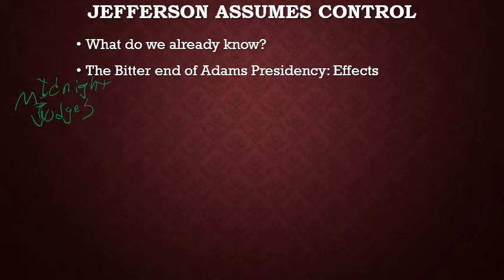Adams just left because it was a month-long trip by carriage back up to Massachusetts. He left a note that said the White House stables needed to be cleaned, and didn't wait for Jefferson to arrive. So he left in a bitter fashion, unhappy with the way his presidency turned out, and unhappy that now he's a man without a political party.